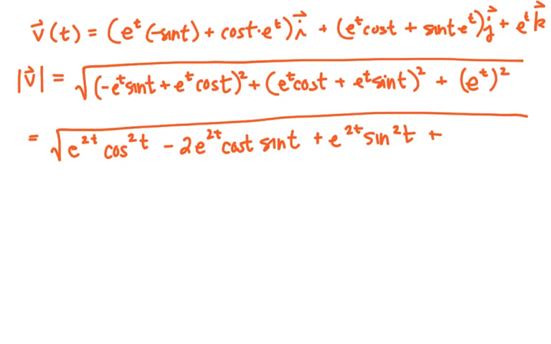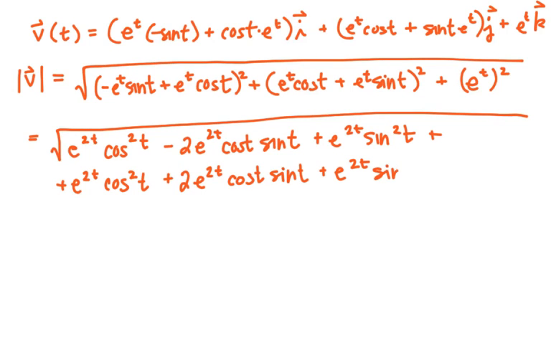I've got plus, I'll continue below because it will help me add them, e to the 2t cosine squared t plus 2e to the 2t cosine t sine t plus e to the 2t sine squared t plus e to the 2t.